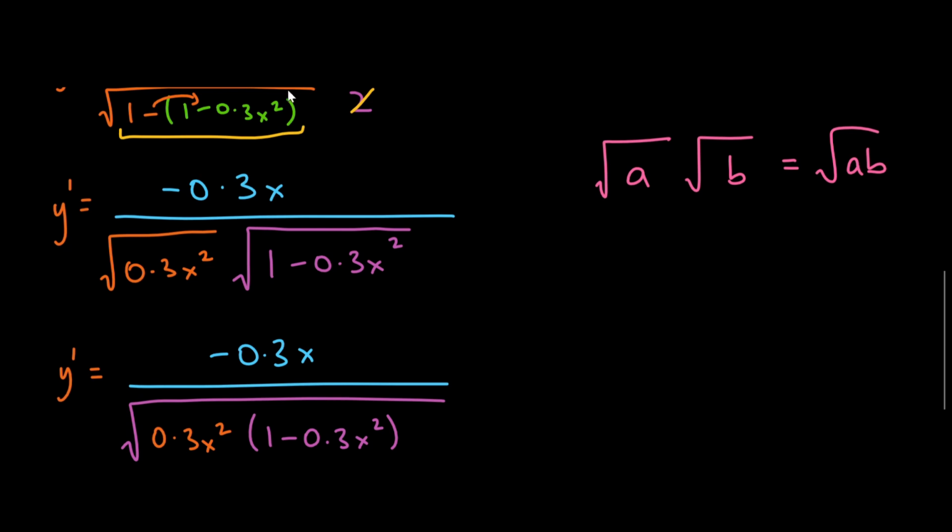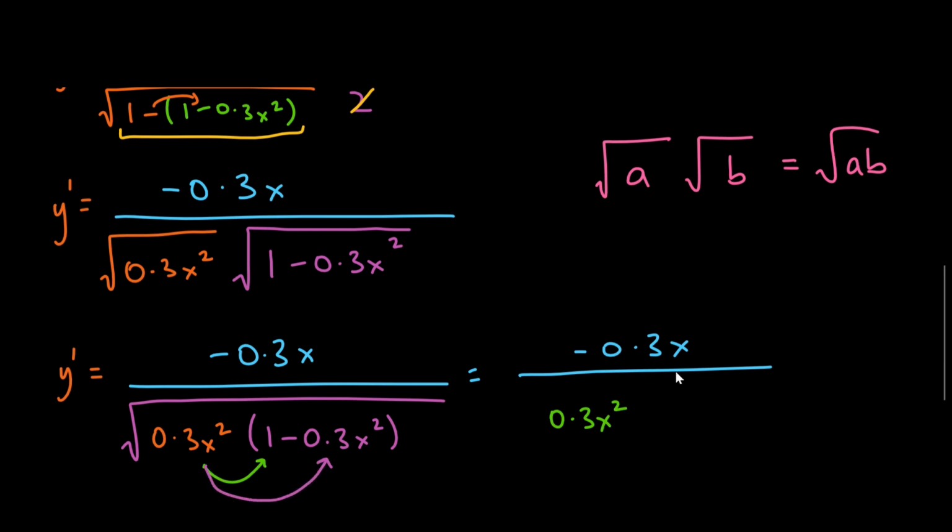This gives us 0.3 x squared times 1 gives you 0.3 x squared, and 0.3 x squared times negative 0.3 x squared gives you negative 0.3 squared x to the 4th power. And let's not forget this square root.